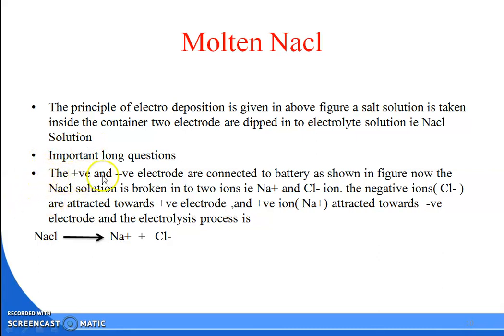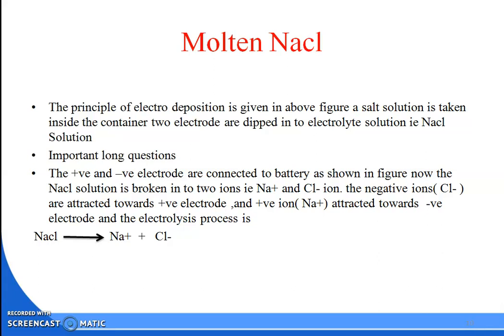So the positive and negative electrode are connected to battery as shown in the above figure. Now the NaCl solution is broken into two ions. I have already said it. That is, one is Na plus and another one is Cl minus.